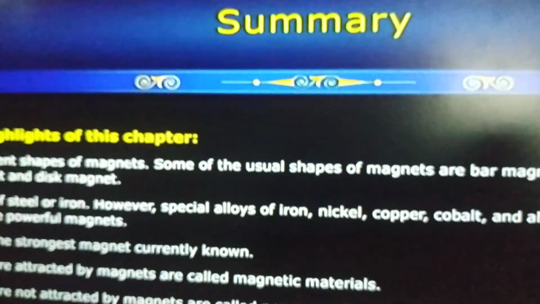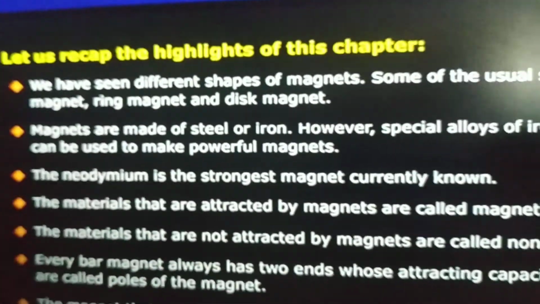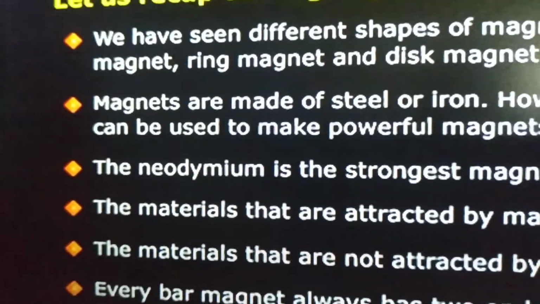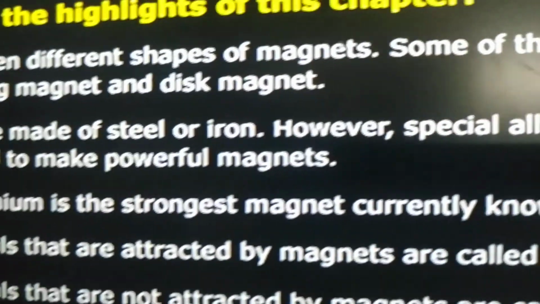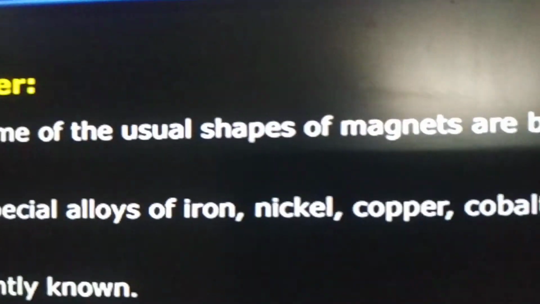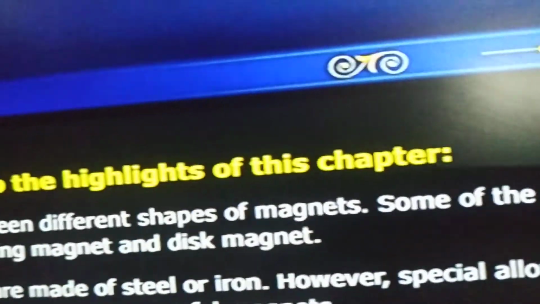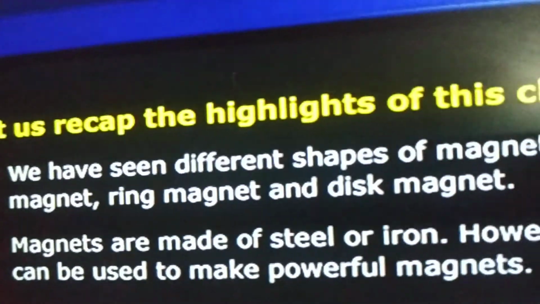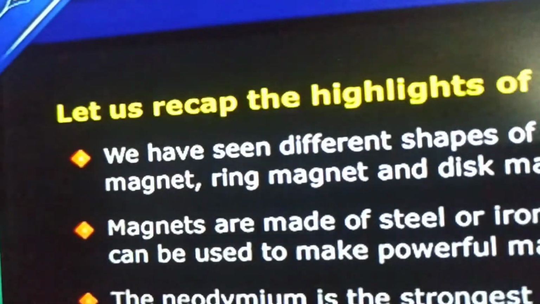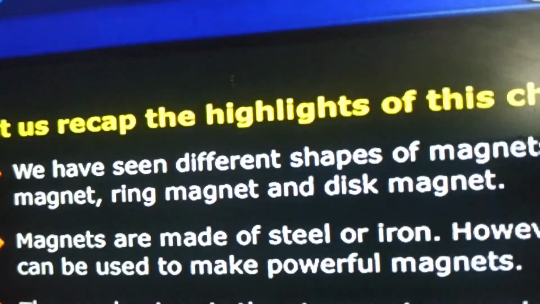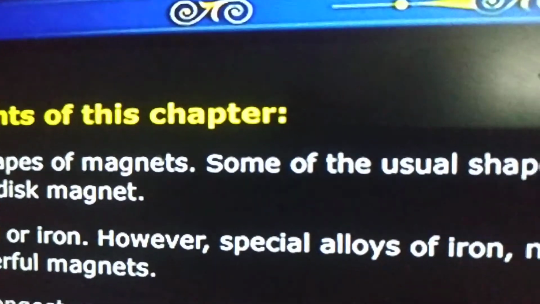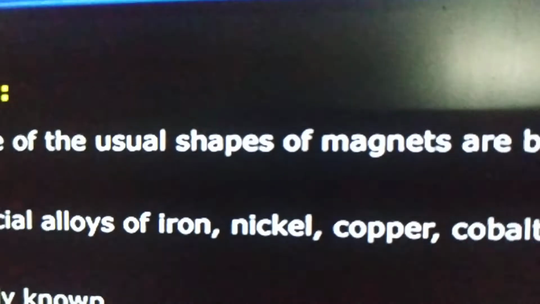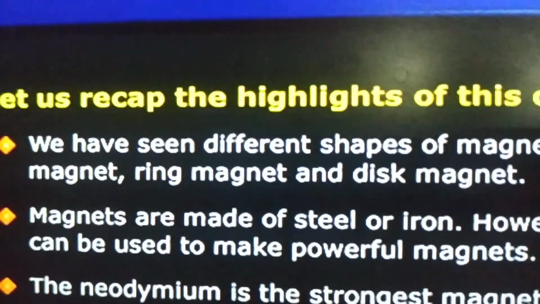What is the summary of this lesson? Let us recap the highlights of this chapter. First, we have seen different shapes of magnets. Some of the usual shapes are bar magnet, horseshoe magnet, ring magnet and disc magnet. Magnets are made of steel or iron. However, special alloys of iron, nickel, copper, cobalt and aluminium can be used to make powerful magnets.